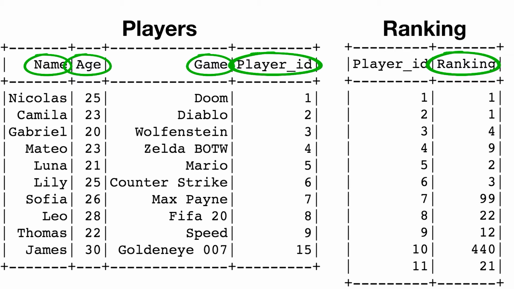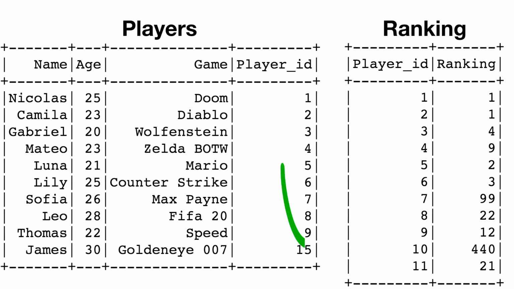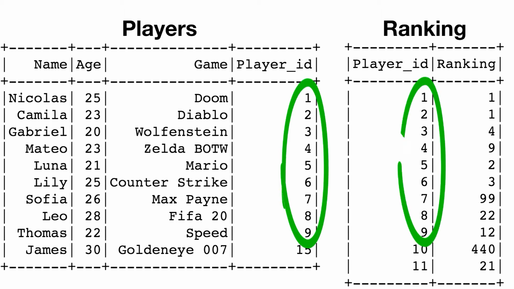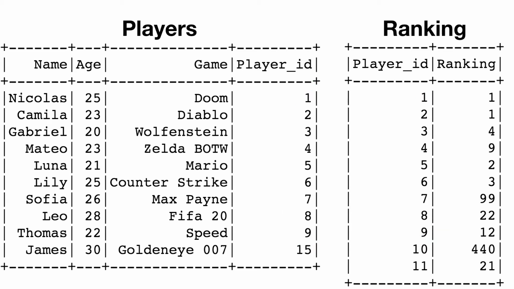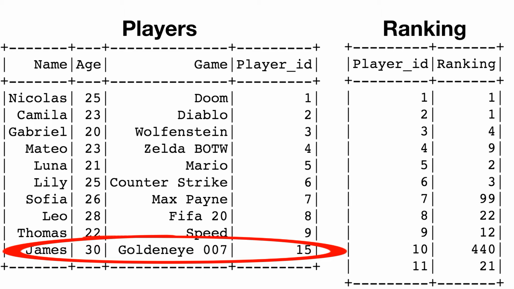And in order to do so, it's going to use the table players and the table ranking. And it's going to keep only rows where the player ID is found in both tables. So it's going to keep these rows from players and these rows from ranking, while getting rid of this row from the table players and these two rows from the table ranking.